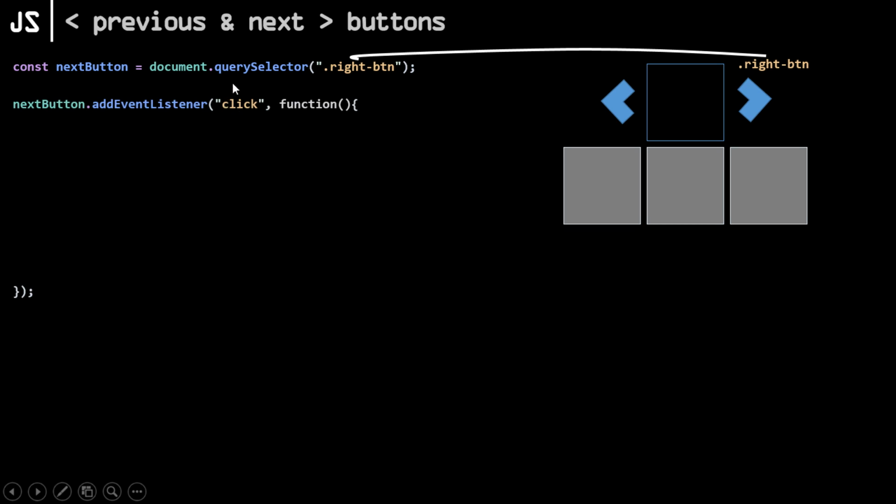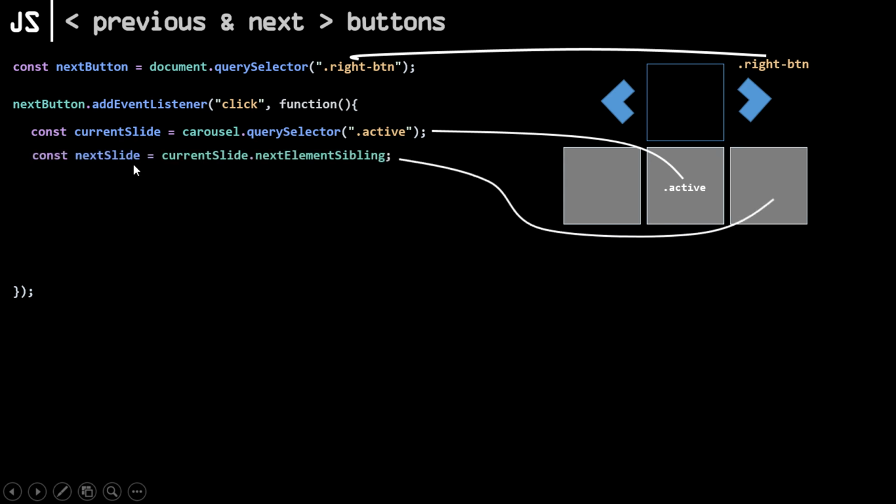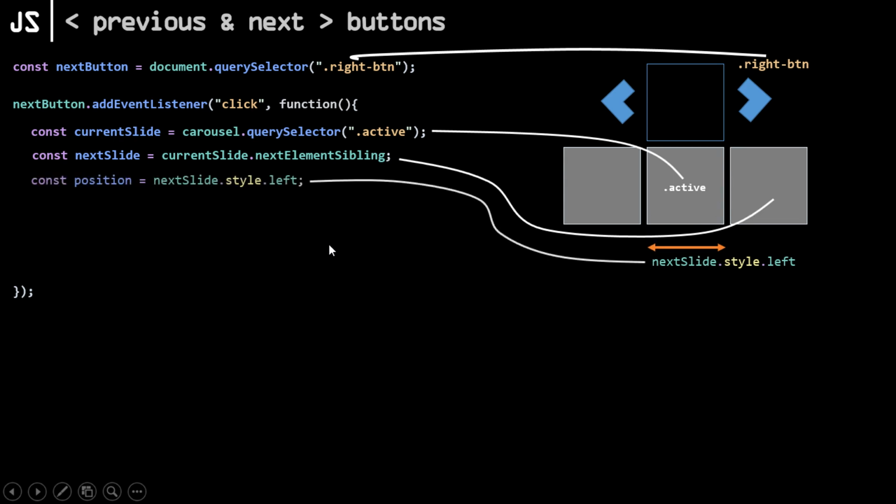So whenever the user clicks on the next button, this will fire this anonymous function. Inside this function, we said we need to select the current slide, which has the active class name, and then select the next slide using the property nextElementSibling. Then after I know the next slide, I need to know the position, which is given by nextSlide.offsetLeft.